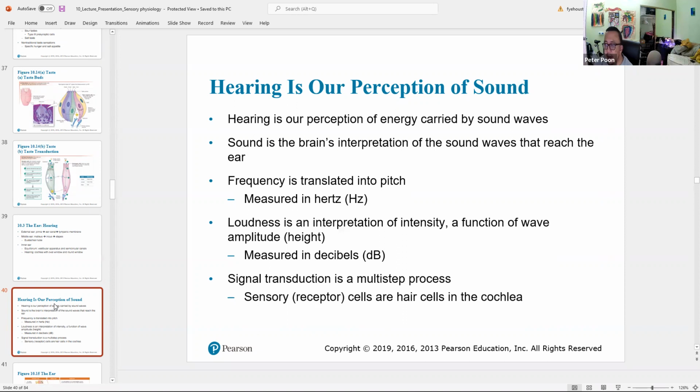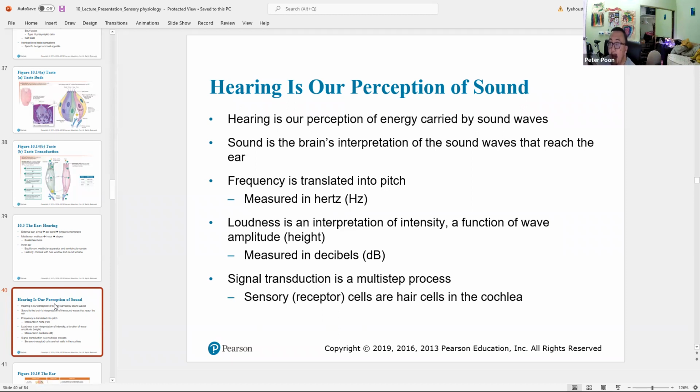Frequency is translated into pitch. The actual frequency is measured in hertz. We hear it as a pitch. Frequency and pitch are roughly the same, but they're not exactly the same. It's not a one-to-one translation.